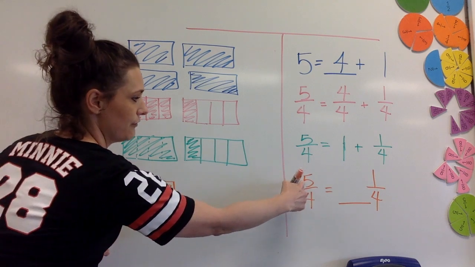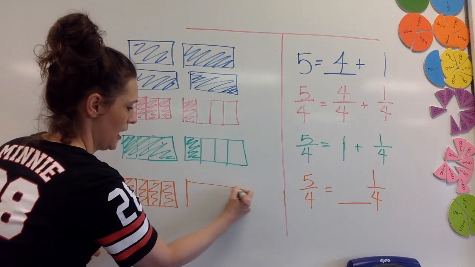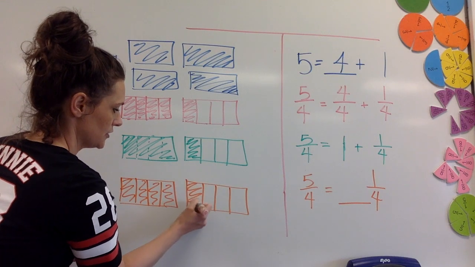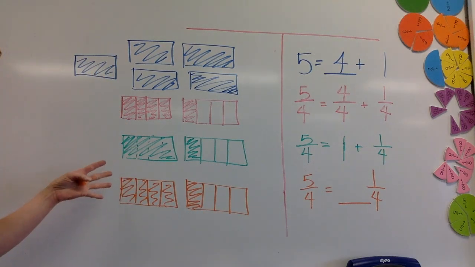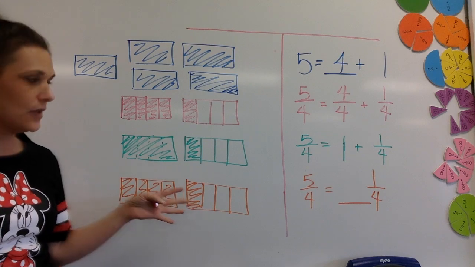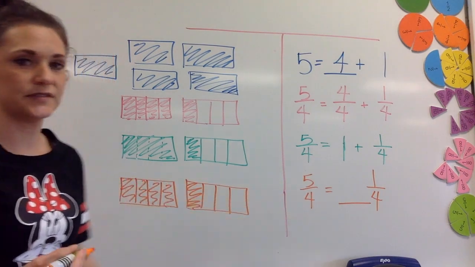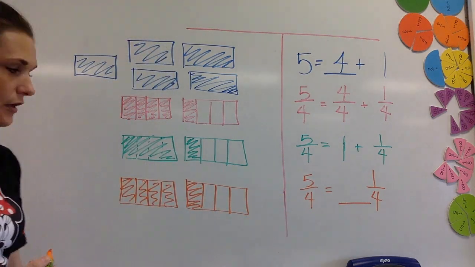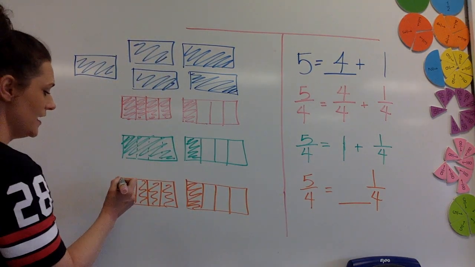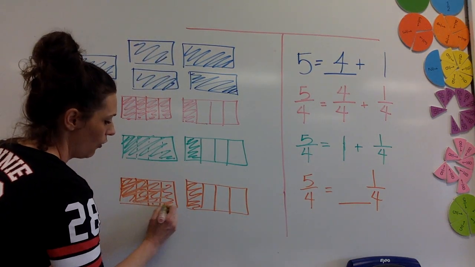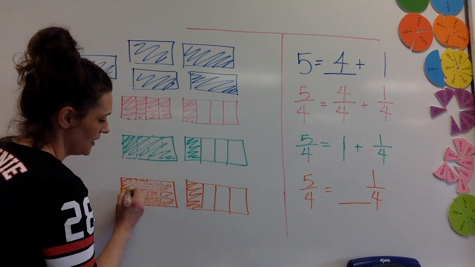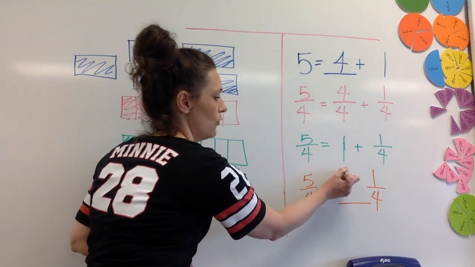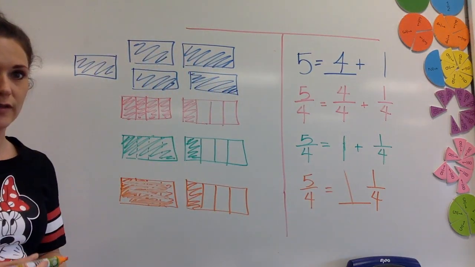We've got to make that 5/4 there again. And it's really going to look the same in our picture as all the other ones. But now we're just renaming this 5/4 to be something 1/4. Okay, well here's our 1/4, and this is basically a whole. So instead of calling this 4/4, we're just calling it 1/4.